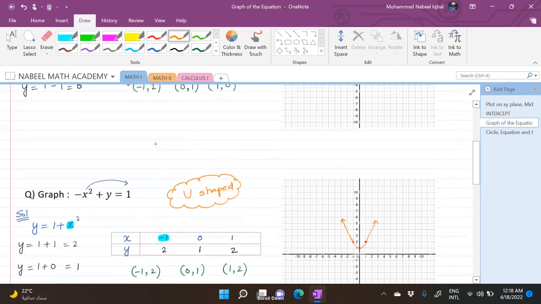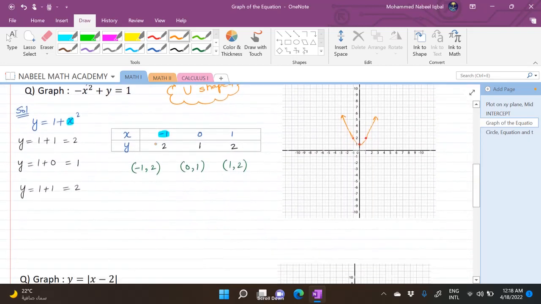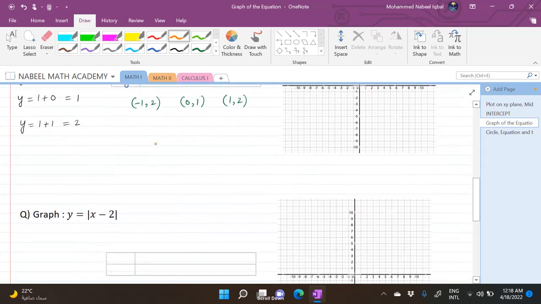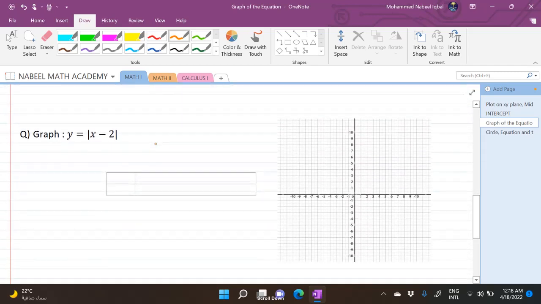Now we will go to the next one. Here, this is an interesting thing, an absolute value equation. So you have an absolute value. It is the same rule. We will take some values of x: -1, 0, 1.